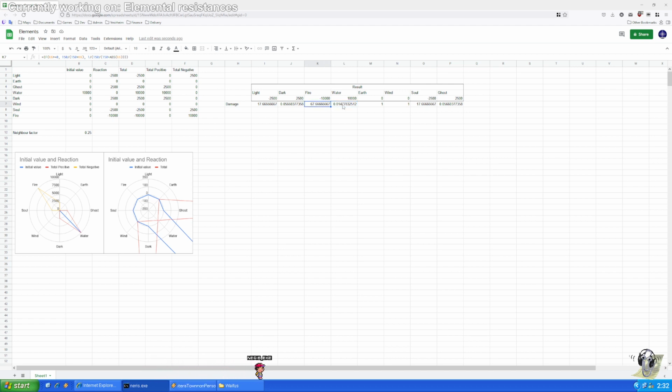Okay. So yeah, actually looks good. So let's say for some monster that has the top resistance like 450, it's going to take only 25% of damage.